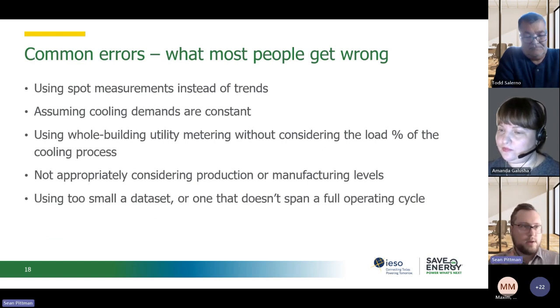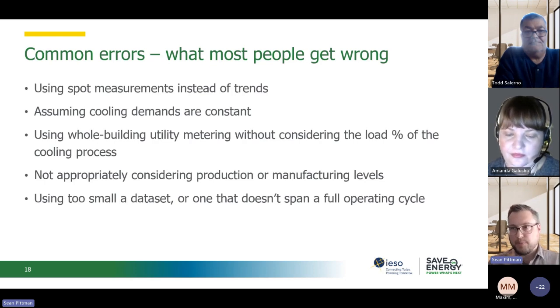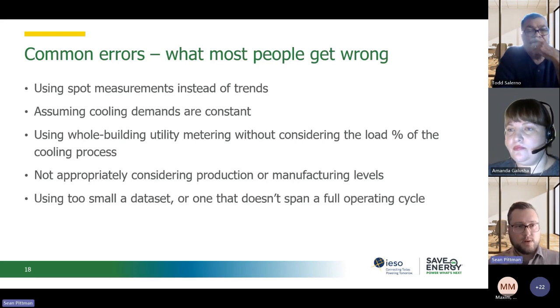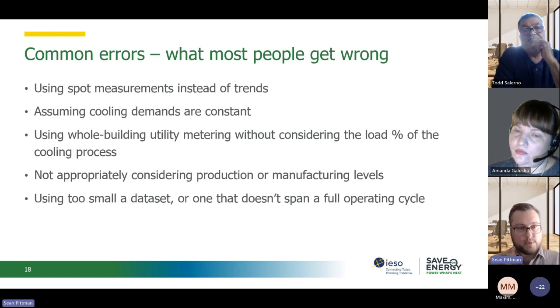So, some common errors, or what most people get wrong when they are using or collecting data in this first step. Using spot measurements instead of trends. As will be a recurring theme here, when you're developing baselines or doing estimates, you really want to try to capture the full operating cycle of a piece of equipment, especially with chillers, especially with equipment that is influenced by outdoor air temperature or production rates.